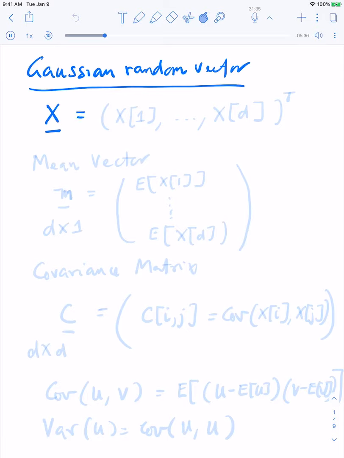And let's say it's d-dimensional, so it has got d components. Let's denote them by x1 through xd. And for now, we'll think of vectors, unless I specify otherwise, as column vectors. So I've written this as a row vector, so I'll just put a transpose there.